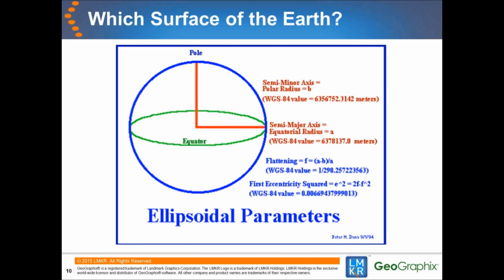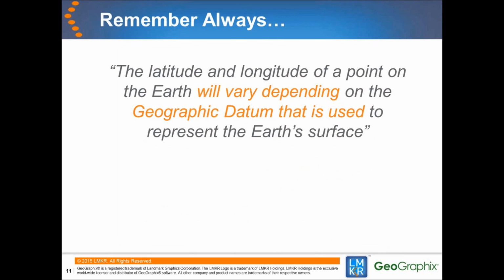WGS 84 and NAD 83 are very accurate datums, although in the industry, at least in North America, because of all the historical spatial data, NAD 27, or the North American Datum of 1927, is still often used.